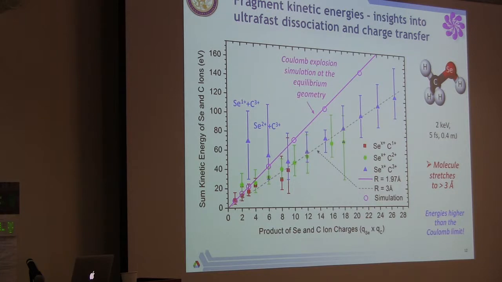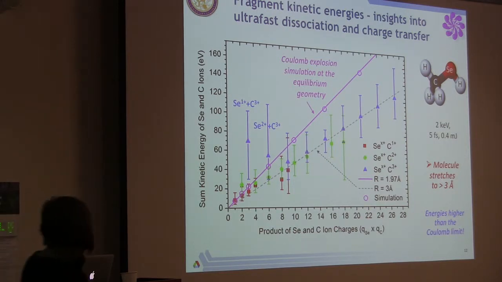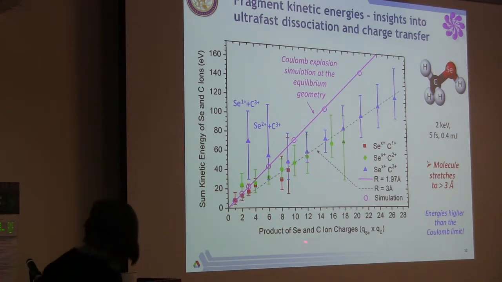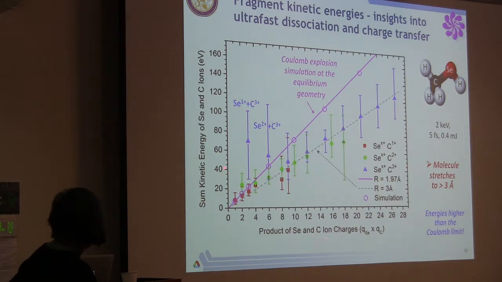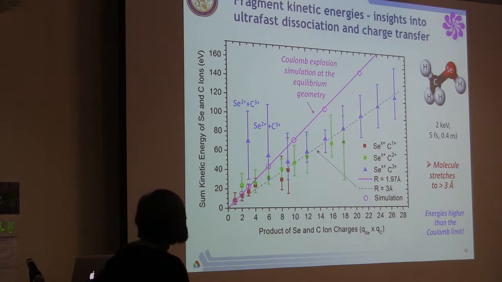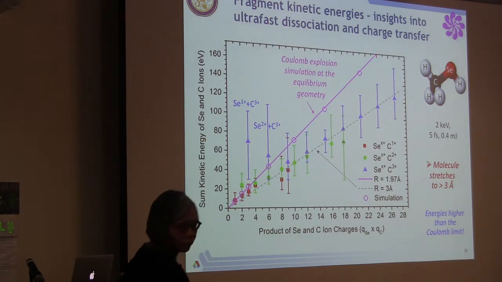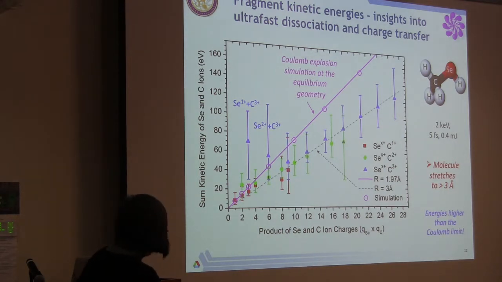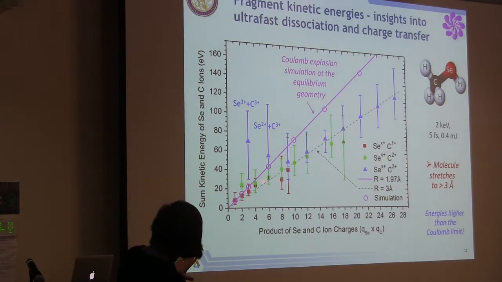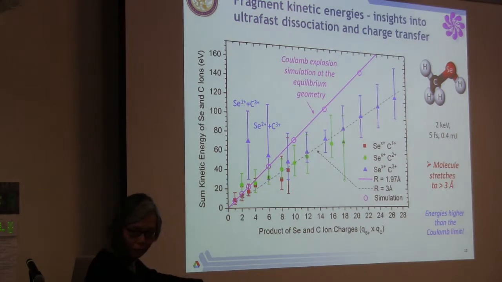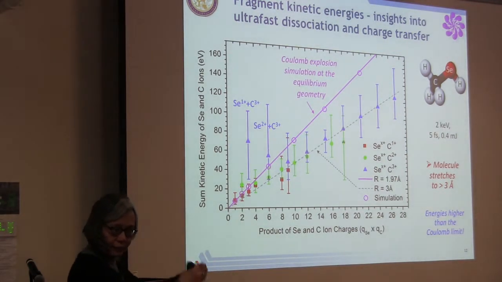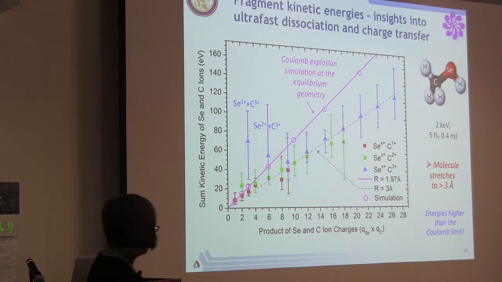And if you plot this data instead as the product of the selenium and carbon charges and the sum kinetic energy for these calculations, assuming the Coulomb explosion at equilibrium geometry, you see this, right? Most of the data for these different channels is below the equilibrium geometry, suggesting that, on a rather fast time scale, something has exploded.